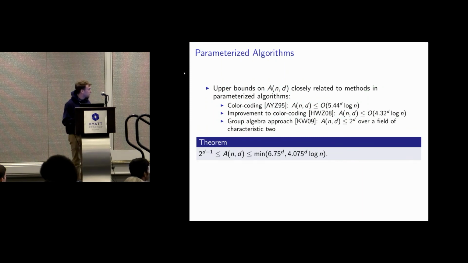And so we show in this paper that this quantity a(n,d) is between 2 to the d minus 1 and the smaller of 6.75 to the d and 4.075 to the d times log n.